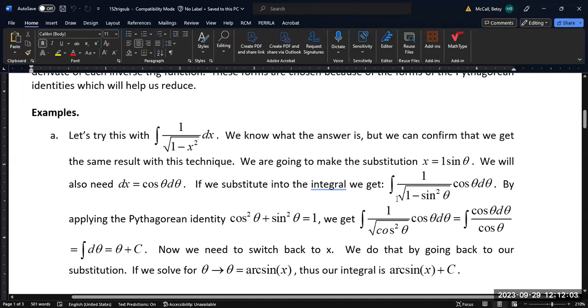That's the whole point of the trig substitution. If you replace your function with sine theta, then your radical will always turn into a cosine theta. And we'll see this happen again in the other substitution forms.